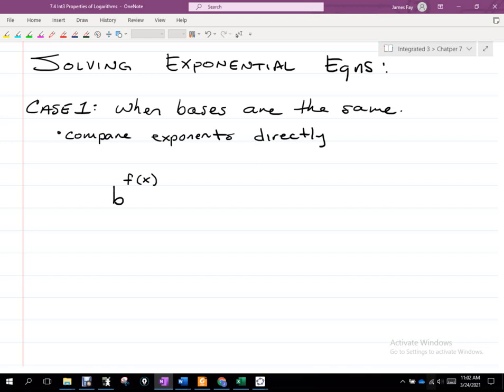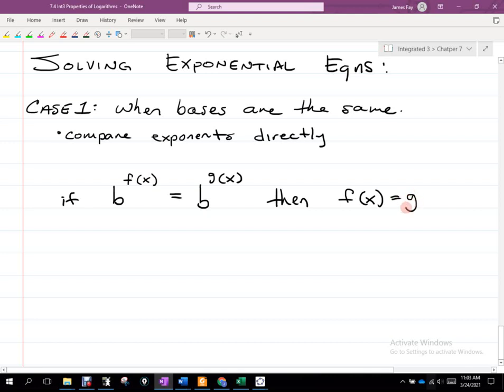The next thing I'm going to do is say, our equation is if b raised to the f of x equals b raised to the g of x, okay, if that is happening in front of us, then the way we solve that is that we conclude that f of x has to equal g of x.